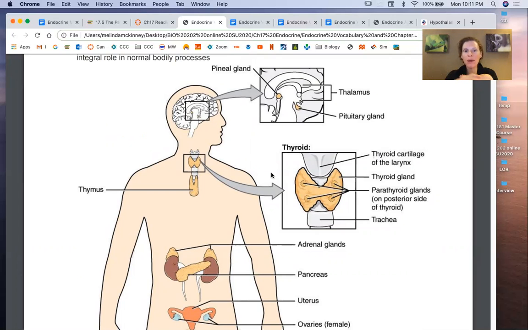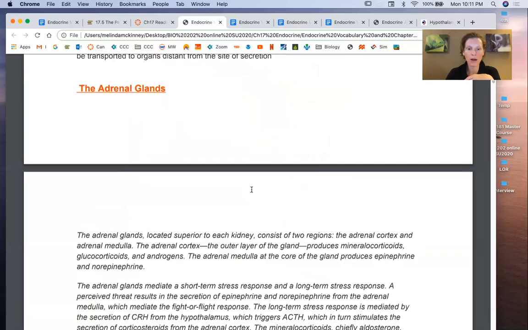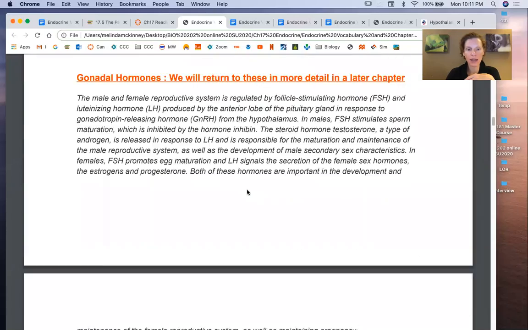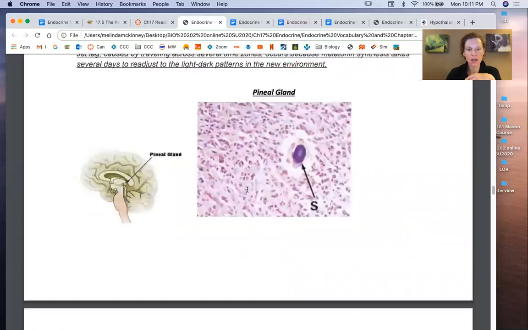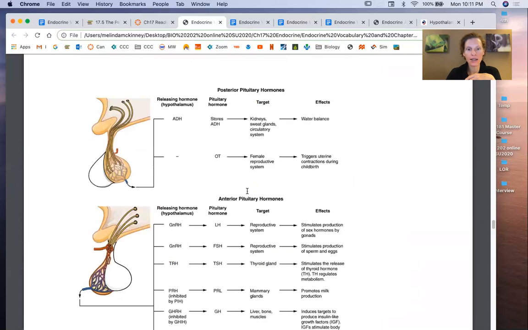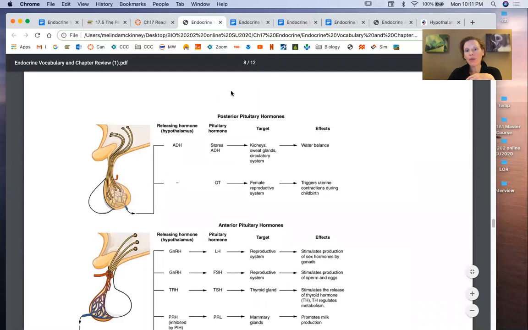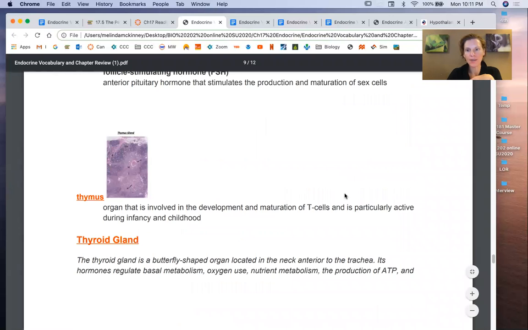Really focusing on memorizing the hormones that are involved, the actions of those hormones. And then if there is one topic, I think the most complex one, that I'd like you to know is the hypothalamus and the posterior and the anterior pituitary hormones. Right. Okay.